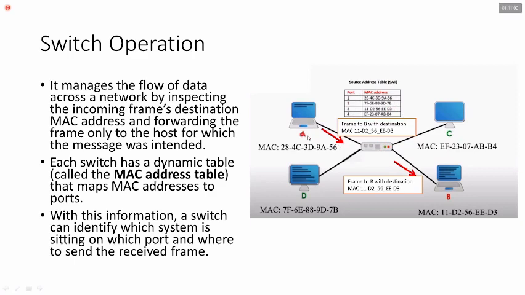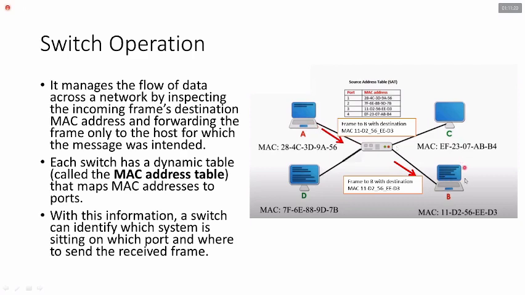So now let's say A is sending a message to B. In this message, what will be the next hop address? If A is sending a message to B, what will be the next hop address? Any idea?